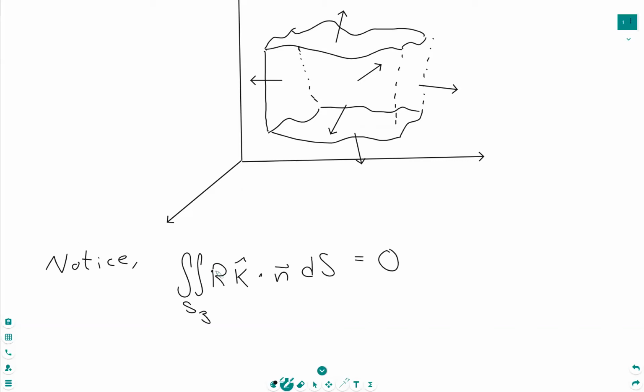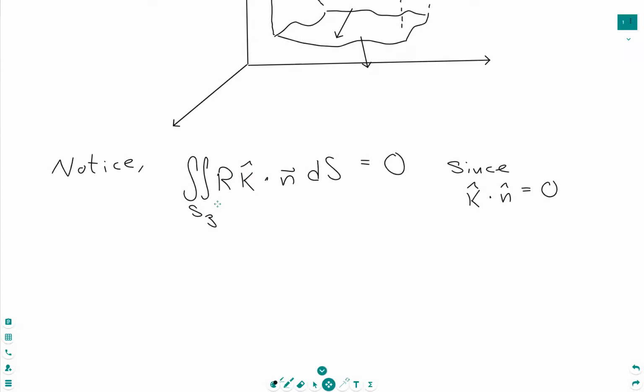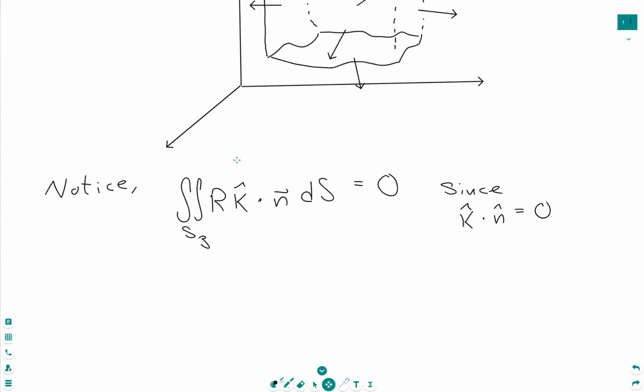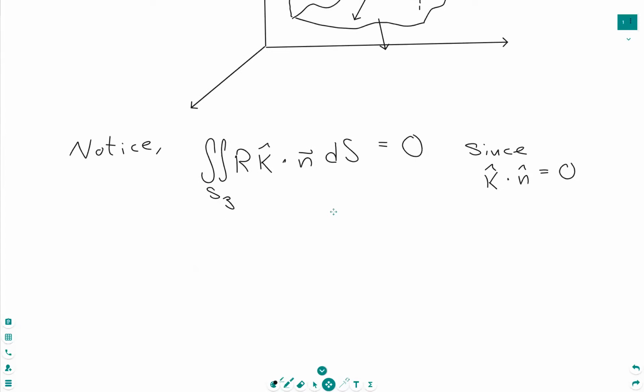I have some scalar function in the z component, right? And then I have some normal dotted with it. Since k dot n is equal to 0, I don't even really need to worry about the surface area integral for the sides.